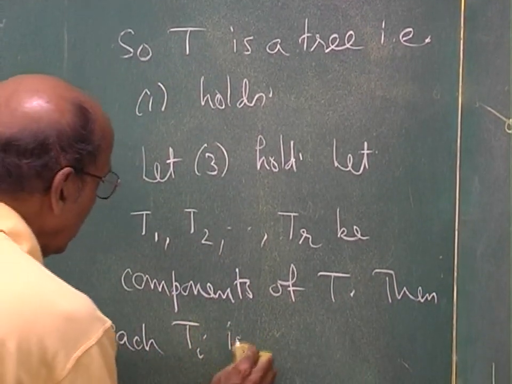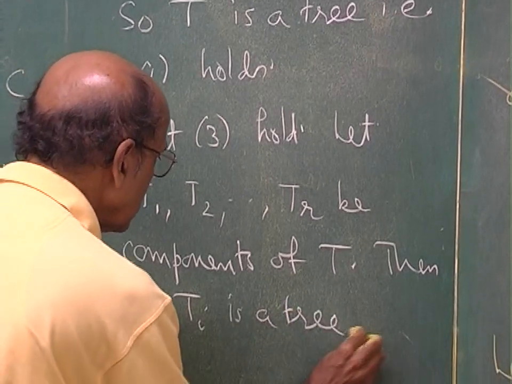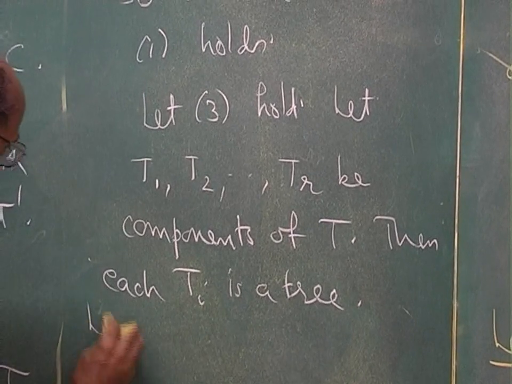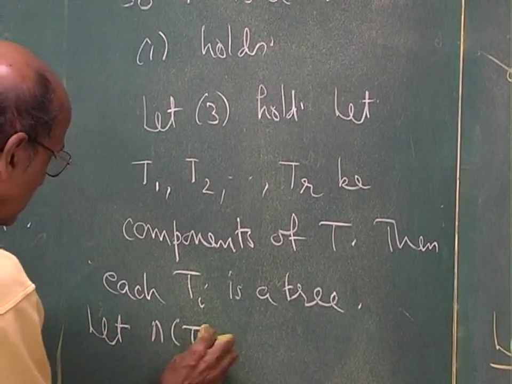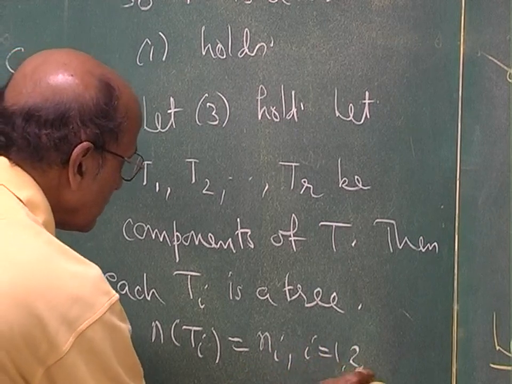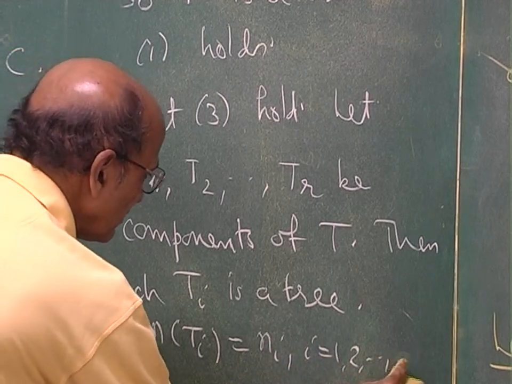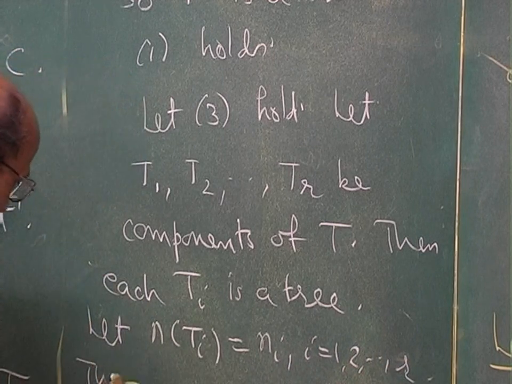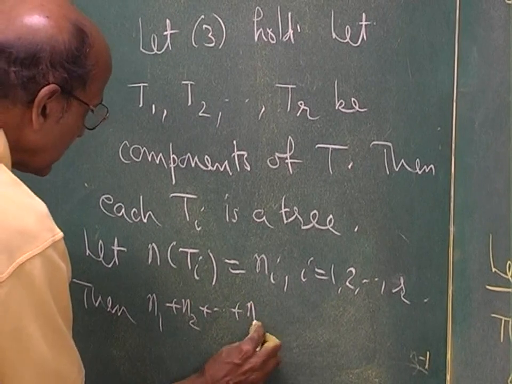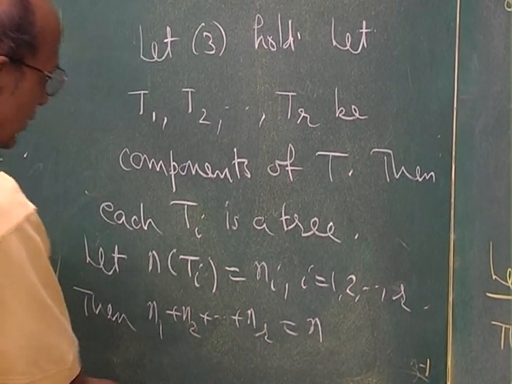Each Ti is a tree. Then the sum of the Ni's is equal to n.